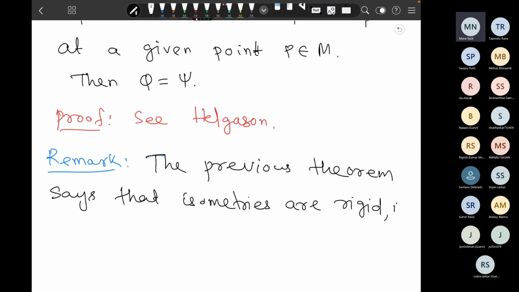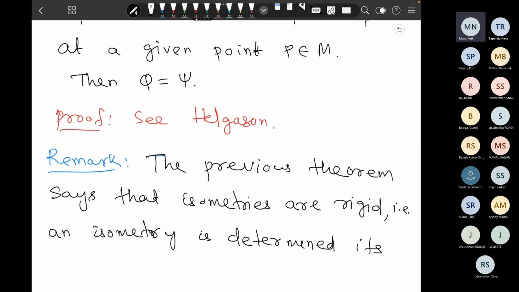That is, an isometry is determined by its value and its differential at a given point.